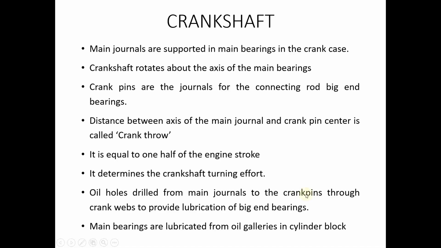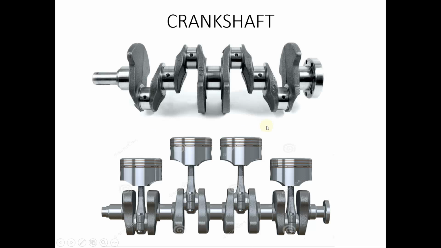And we also saw what a crank throw is, that is the distance between the axis of the main journal and the crank pin center. So if you take the axis drawn through the main journal and the crank pin journal, this small distance is known as the crank throw.